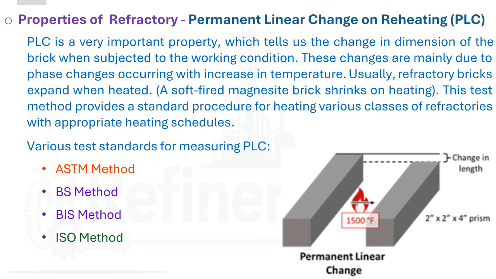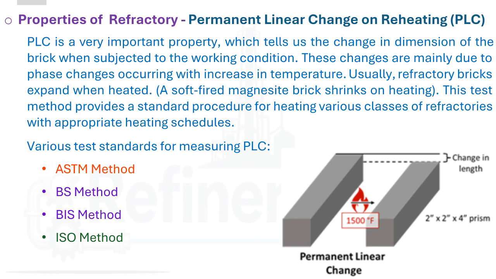The specimen is heated according to the Indian Standard Schedule, and changes in both length and volume are reported. The ISO method uses rectangular prisms of 50 by 50 by 60 mm, or cylinders of 50 mm diameter and 60 mm length. The specimen is heated according to the test temperature specifications. The temperature is held for 5 hours, then cooled, and any permanent dimensional change is recorded. Why do these differences matter?